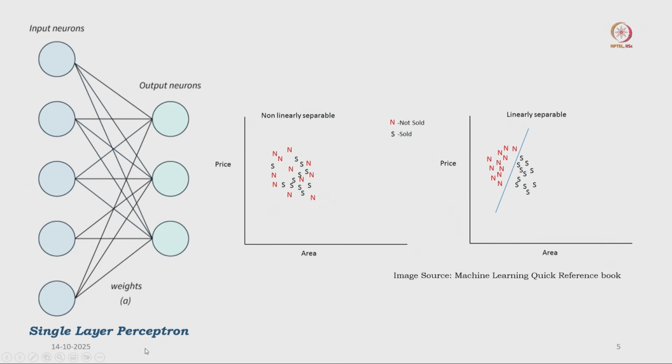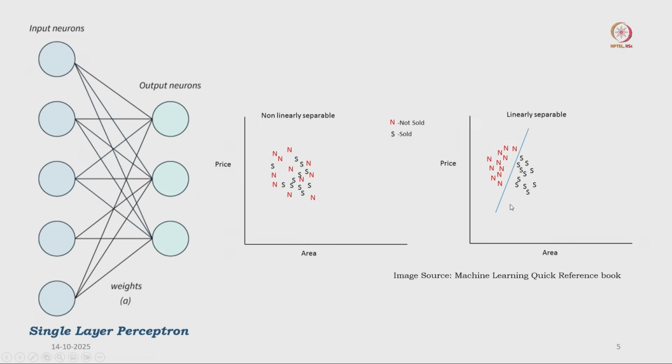That is what a single layer perceptron is. The activation function used at the output layer will be a step or a threshold activation, and it is mainly designed to solve linearly separable problems. Linearly separable problems are those where, when you plot them on a two-dimensional graph, you can clearly separate them using a straight line.